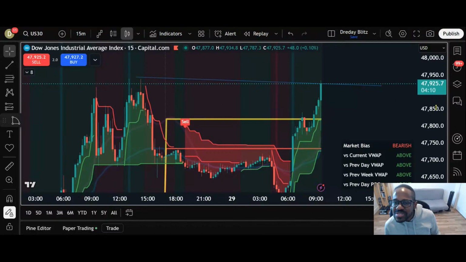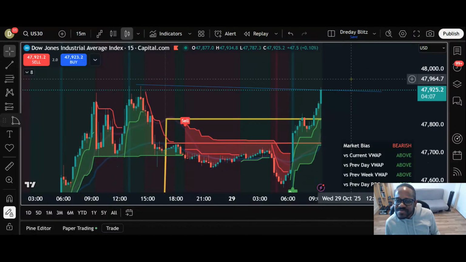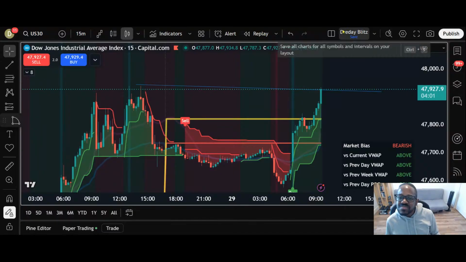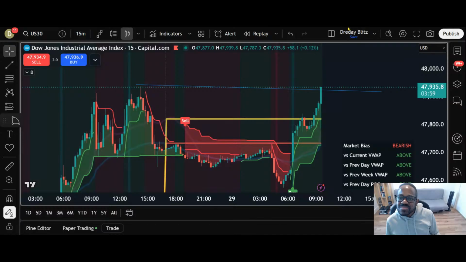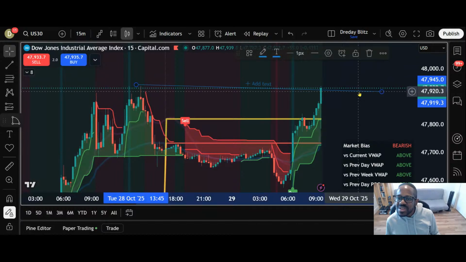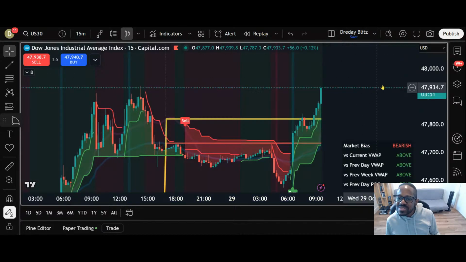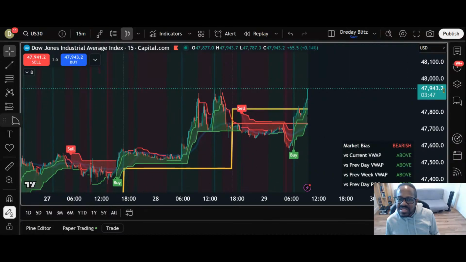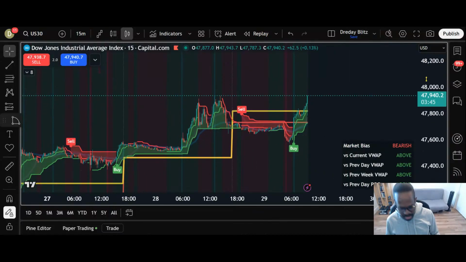Oh, it's pushing to the upside. All right, so that is done. So that's why I wanted to wait and see how it goes. So it's pushing to the upside right now.